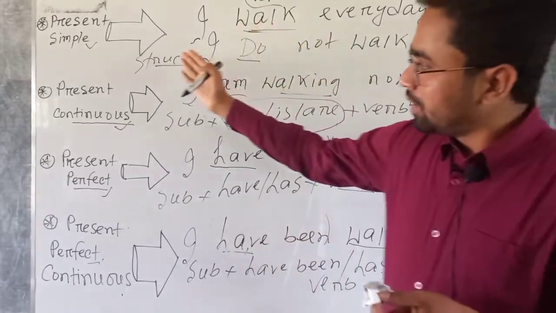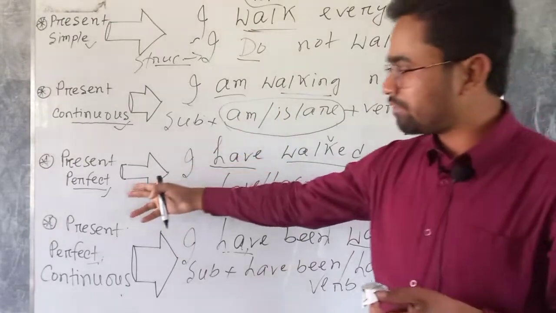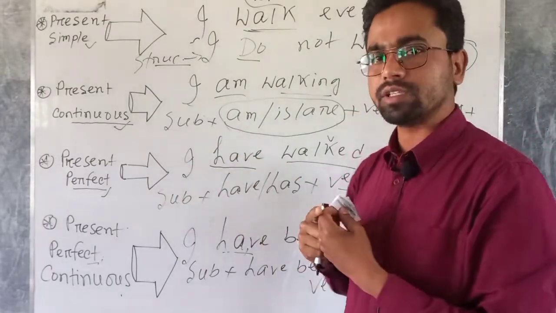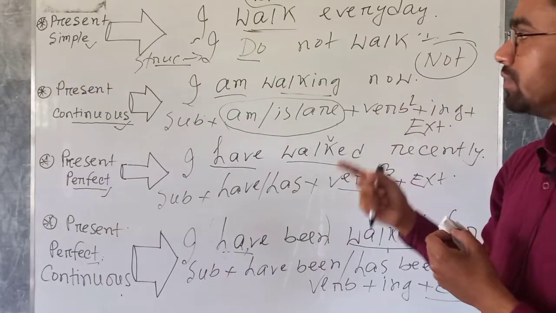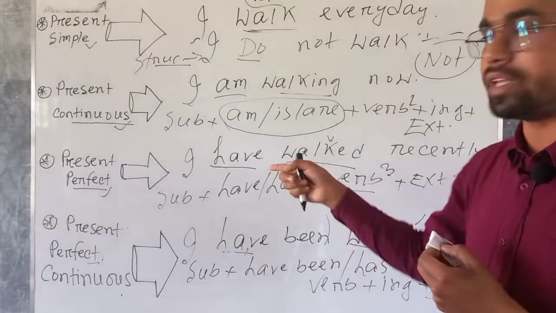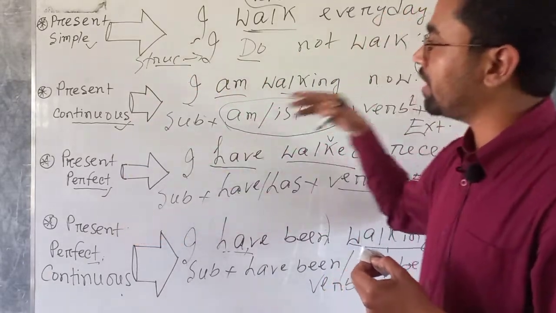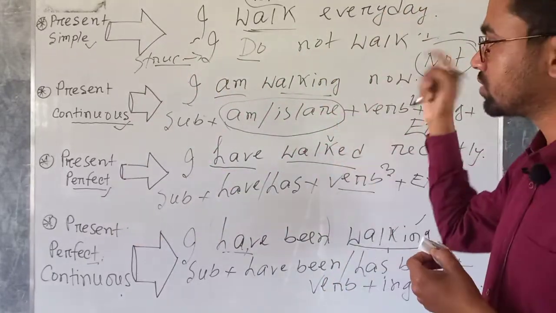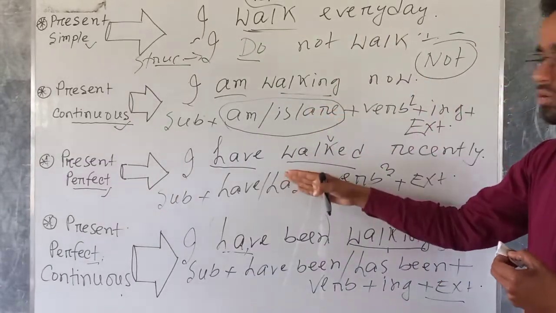Okay? In the three tenses, present continuous, present perfect and present perfect continuous, if you want to make the sentences negative, there is no worry for you, because in these three tenses you have already found the auxiliary verb, as I have written the structures on the board.